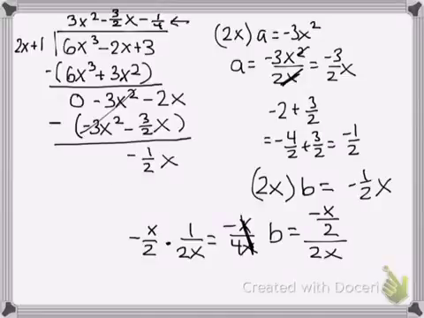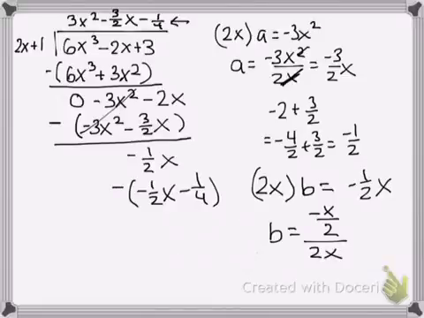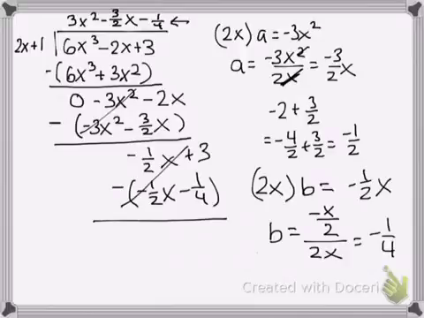Okay, so multiply by everything, and I get negative 1 half x minus 1/4. And I'm going to erase what I have down here so I have room. Just write over equals negative 1/4. Okay, and if I subtract that, I get 0, these cancel, and my constant term that I forgot to drop was 3.